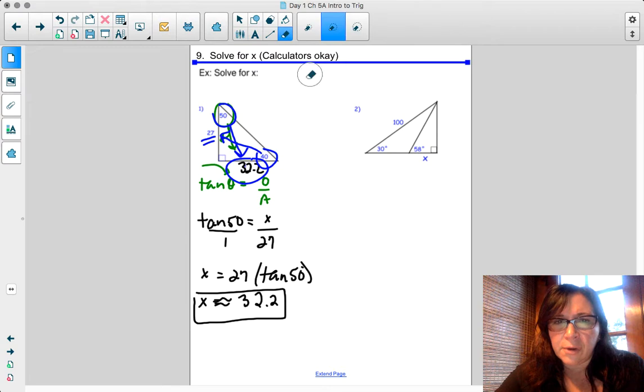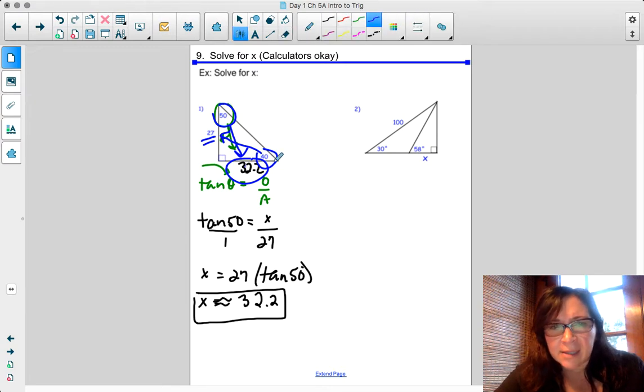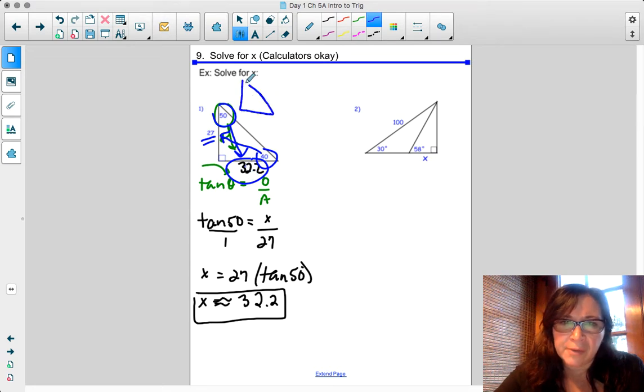One other note on this problem right here, and that is I could have, in order to find x, so I know you can't really see it because I drew all over this, but here's my triangle. I could have said tangent of 40 is equal to opposite over adjacent.